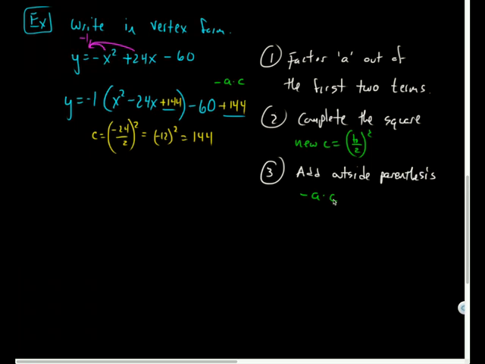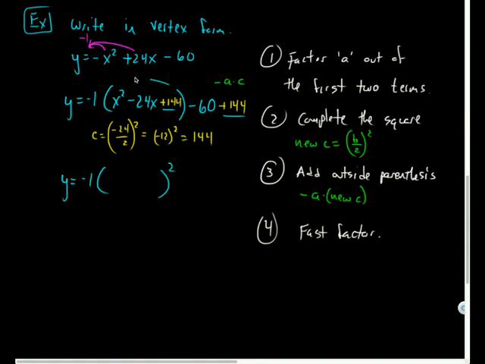I guess I'll call that new c there. I could call it c prime maybe. That's a very math thing to do. And then my last step will be fast factor. Right? So I'll have y equals negative 1 times.